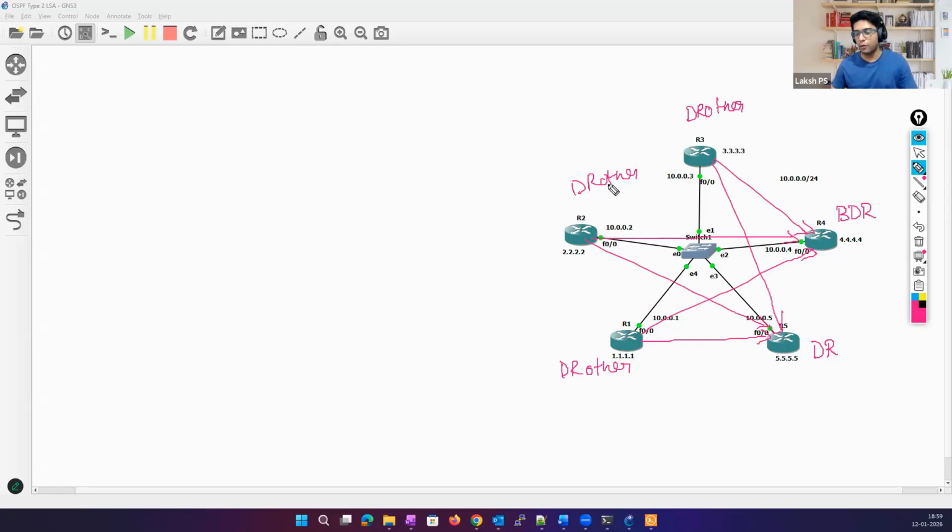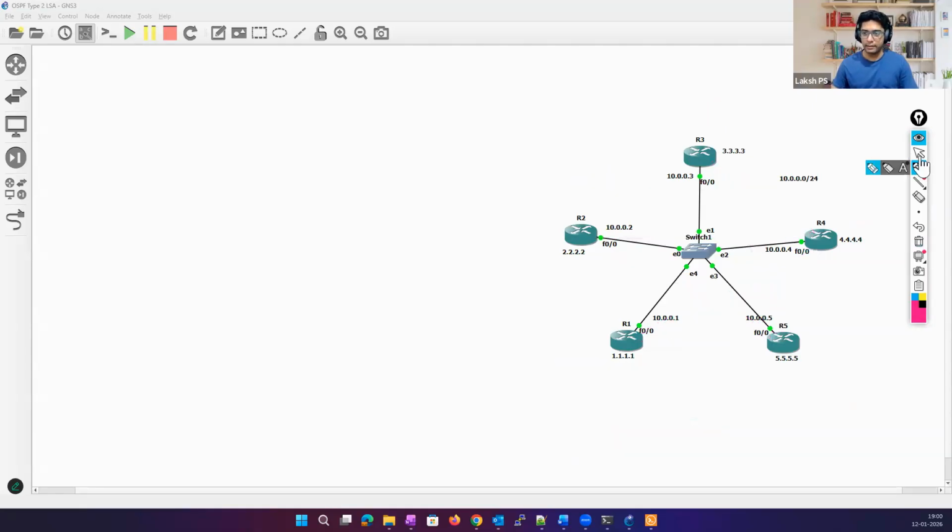They will not form adjacency amongst each other. They will go into a full state only with the DR and BDR, no one else. That is the DR other routers.